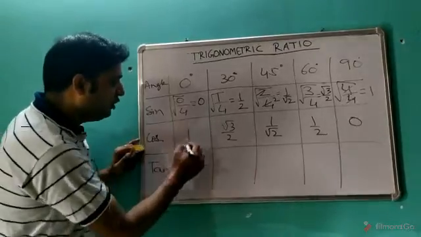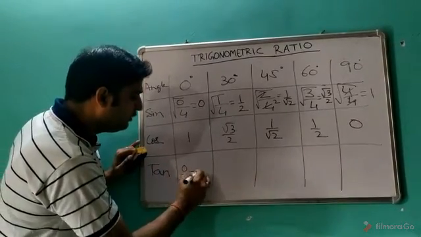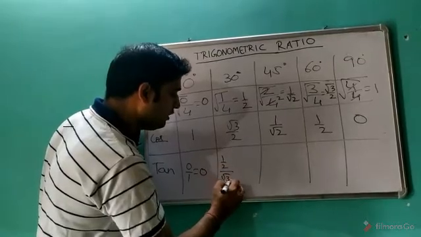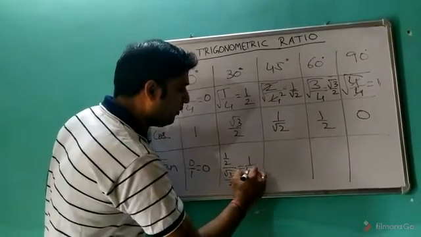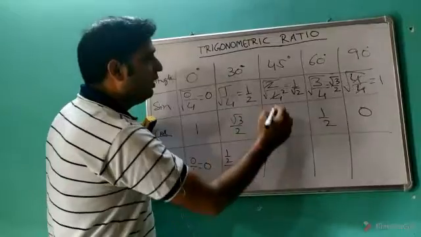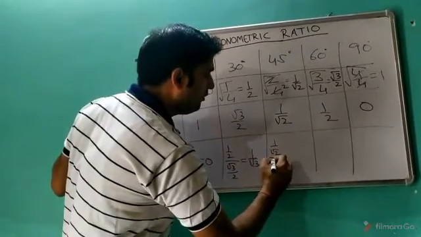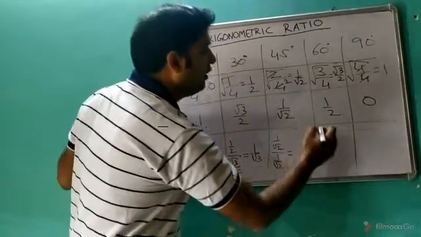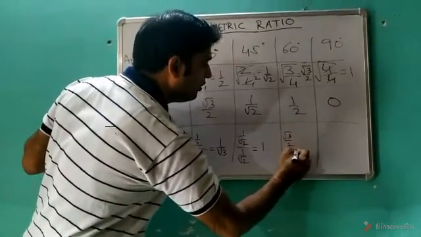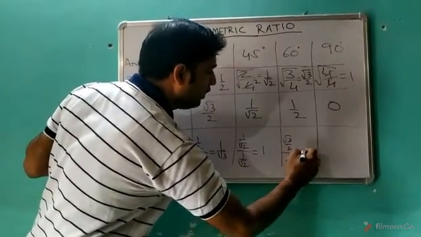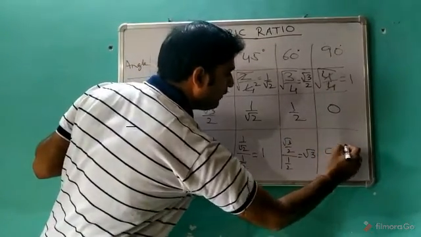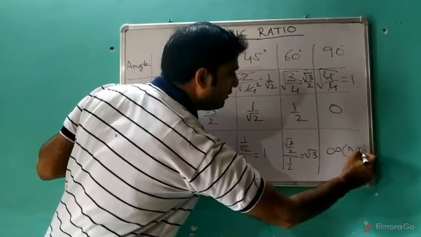So 0 upon 1 gives 0, 1 upon 2 divided by root 3 by 2 is equal to 1 upon root 3, 1 by root 2 divided by 1 by root 2 is equal to 1, root 3 by 2 divided by 1 by 2 is equal to root 3, and 1 upon 0 is infinite, or you can say not defined.